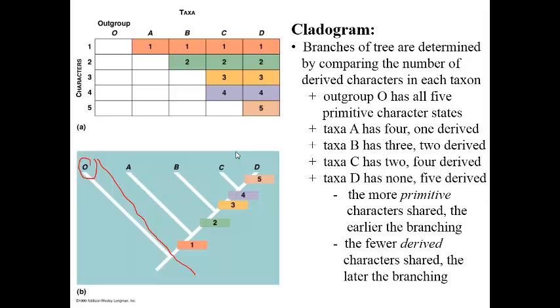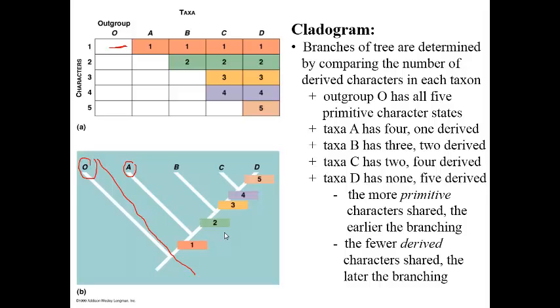We look at structures shared in common between these species. The first character to exist is going to be the character that every single species has. That will be character 1. The first species is going to be the species that only has that character.